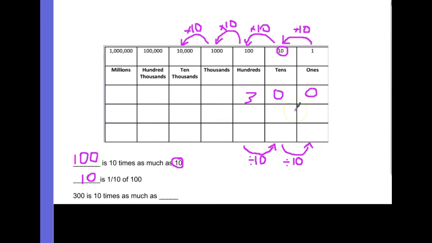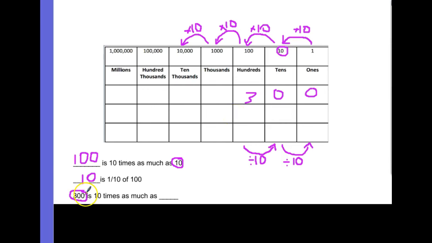Okay, so I have 300, and I'm asking you the question, 300 is 10 times as much as what? So I'm looking at 300, and I want to know what it is 10 times greater than. So if I see 10 times as much as, I can sometimes fill in greater than.